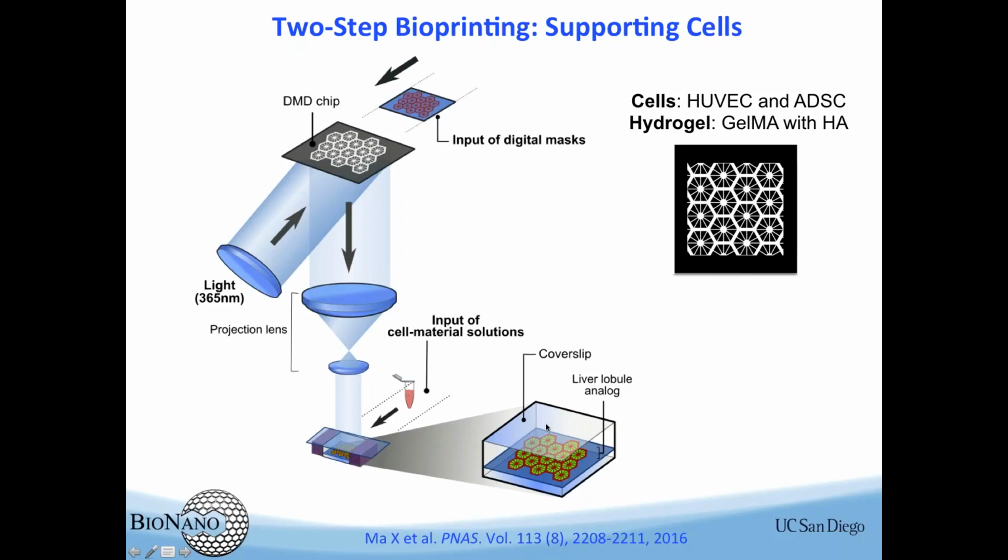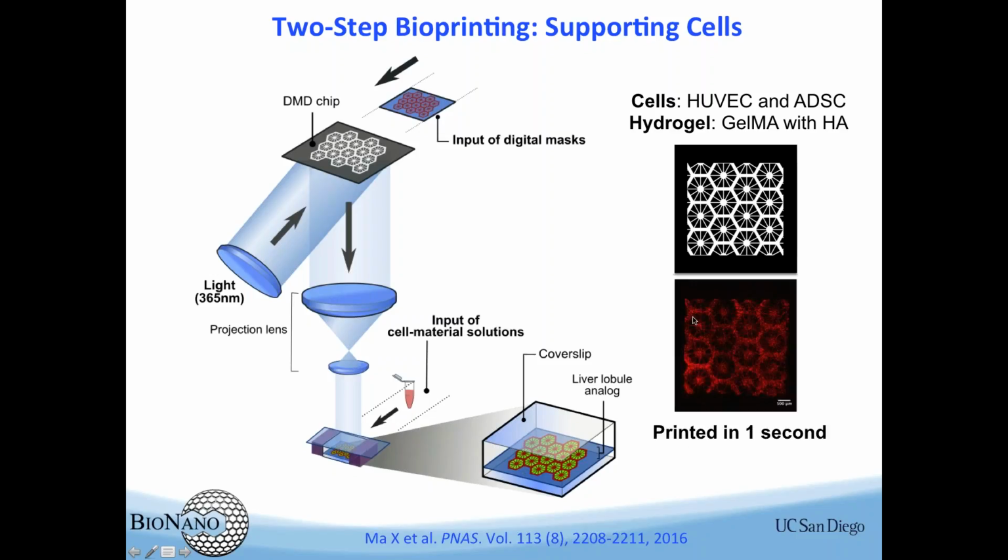Again, this mixture is deposited onto the piece that we previously printed. They can fill up those open areas, for the central vein part, also for the hexagon edges. So in another second, we print the HUVEC cells and ADSC cells in these areas along the side of the liver lobule.